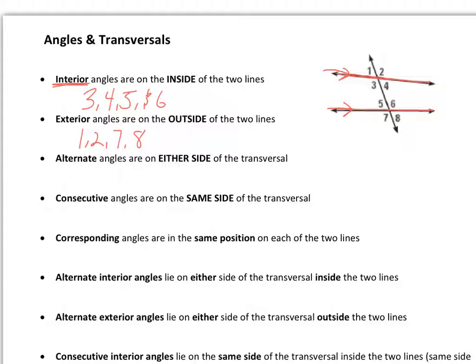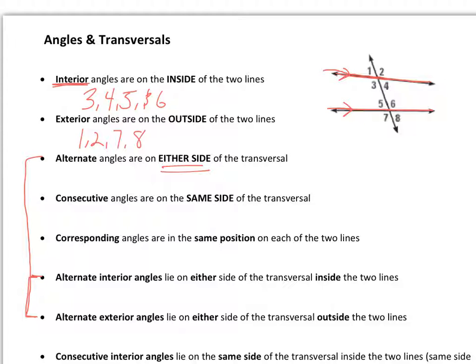Alternates. I've got two kinds. We have two different kinds of alternate angles. I can have alternate interior, and if you look down here, here are the two alternates we could have. I can have alternate interior and alternate exterior. So alternate just means you're on either side of the transversal. You can't be on the same side.